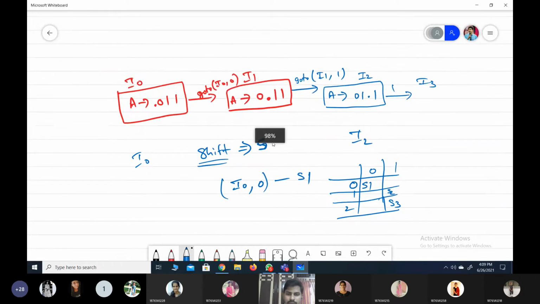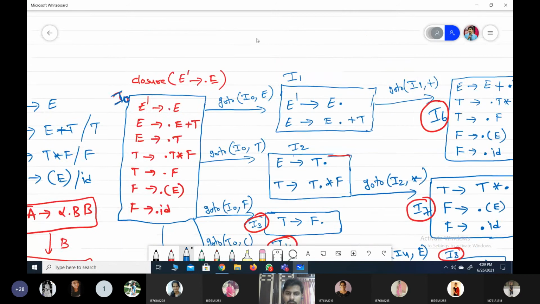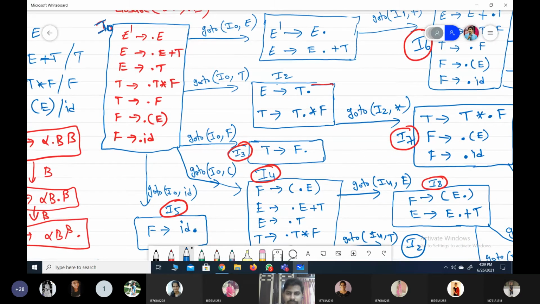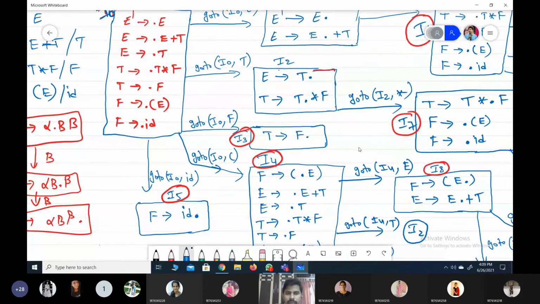Cross check with the original grammar. On the I0 set, are there any terminals that we have applied? Parenthesis and IDs. If open parenthesis is applied, then we are moving to I4.